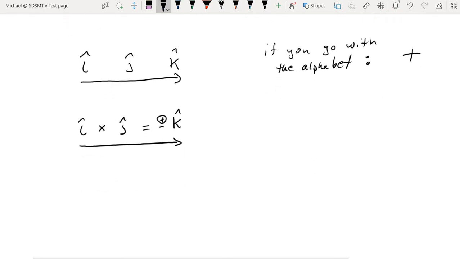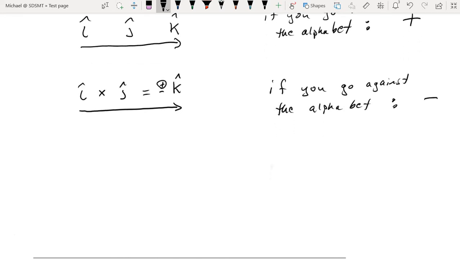Well, what if you go against the alphabet? Well, in that case, you get a negative outcome. So how would you have some combination where you went against the alphabet? Well, let's try this. Let's try j hat cross I hat. What would that equal?